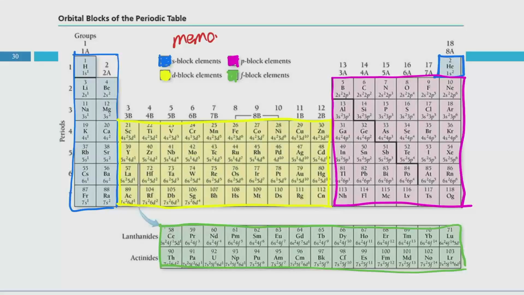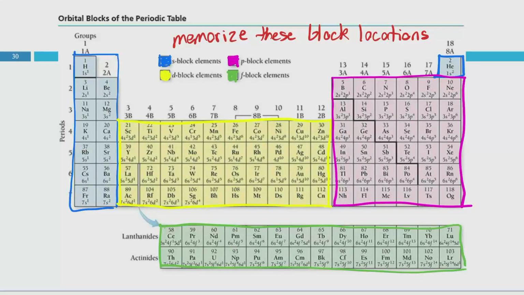I highly recommend memorizing these block locations. It makes coming up with electron configurations a whole lot easier. So our first 2 groups are the S blocks. Notice that it's 2 wide. There's 2 elements width.